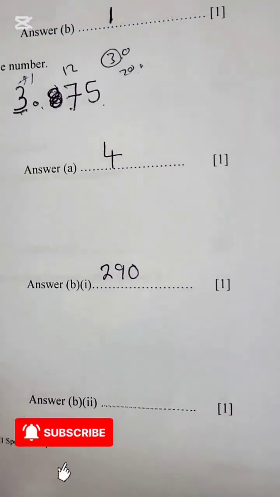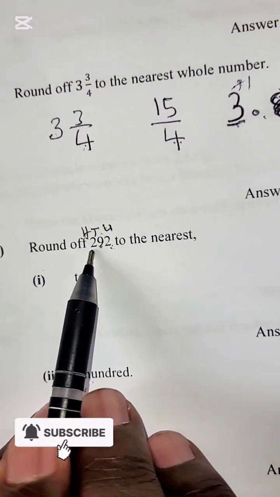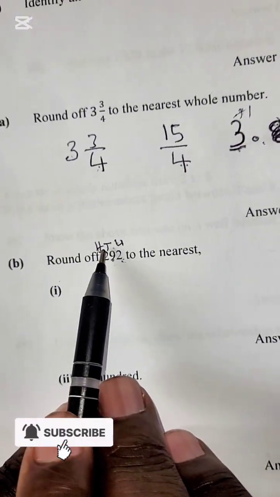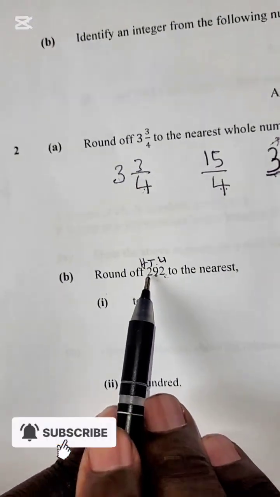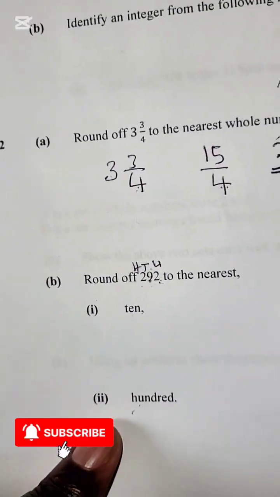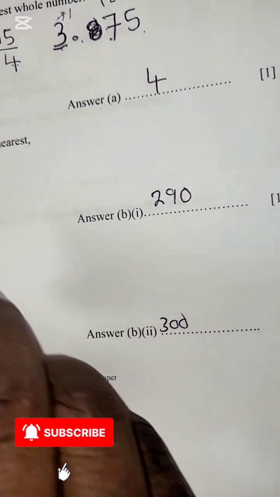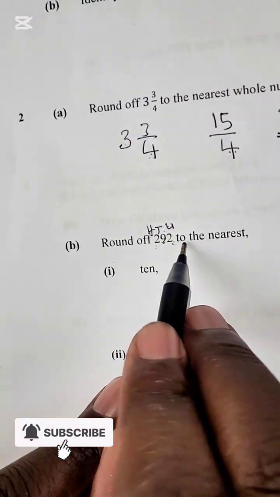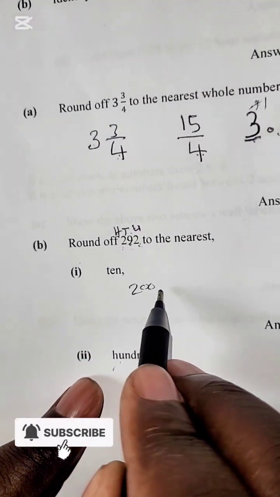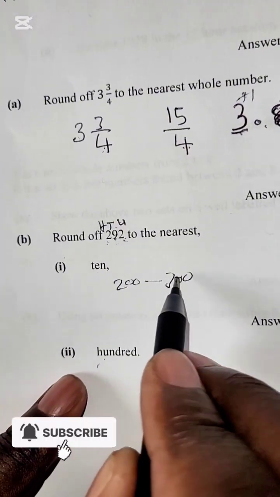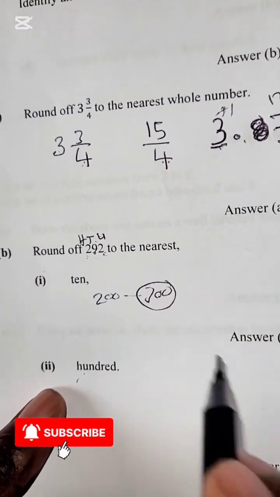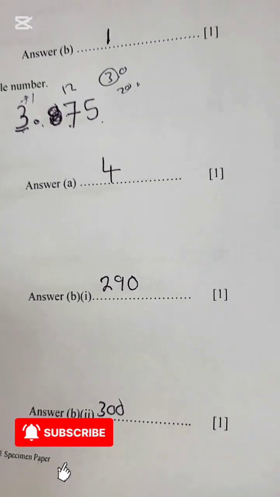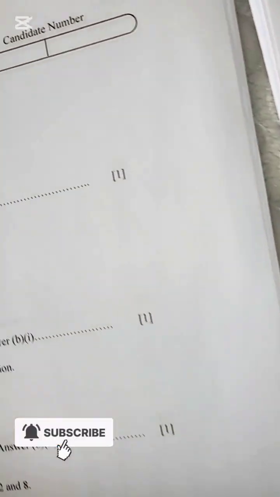Then to the nearest 100: 9 is here, so we can add 1 to make it 300, meaning 292 is between 200 and 300. So the nearest is 300.